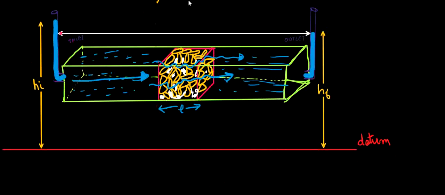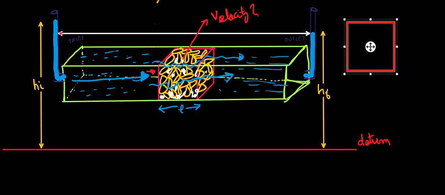Now let's try to find out what is the fluid velocity in my soil sample. Now if I make the front view of this soil sample, it will be something like this.